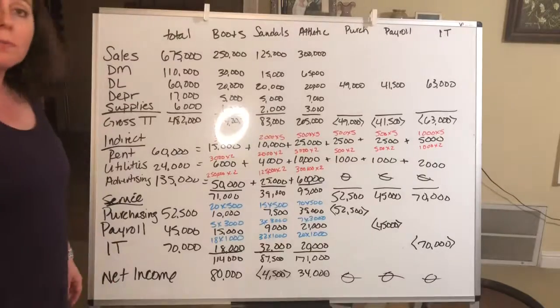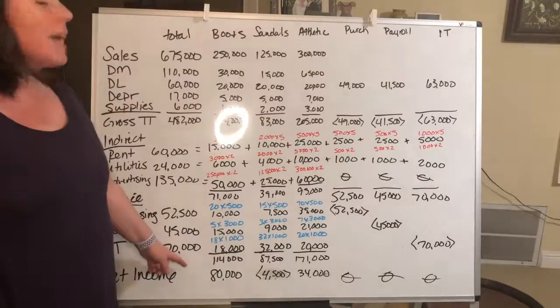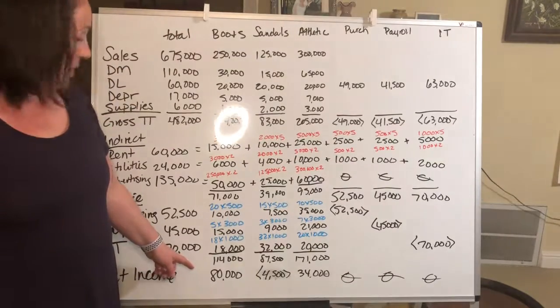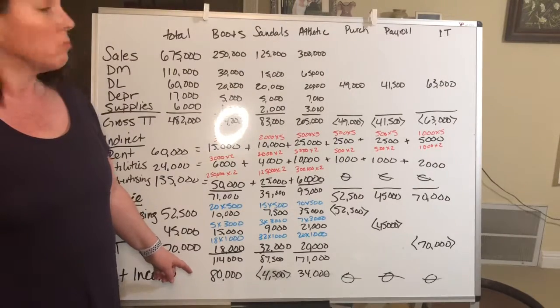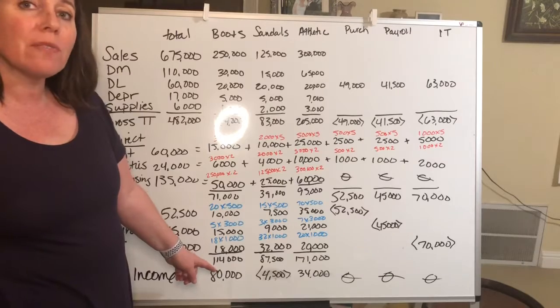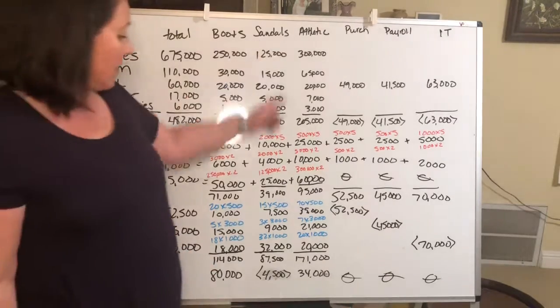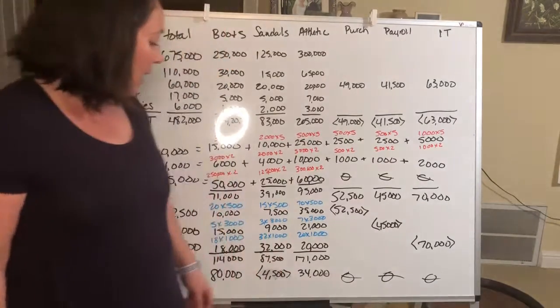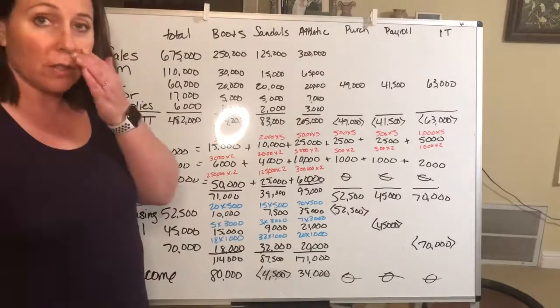So it turns out that our net income for the Boots Profit Center is $80,000. Sandals has a net loss of $4,500, and Athletic has a net income of $34,000.